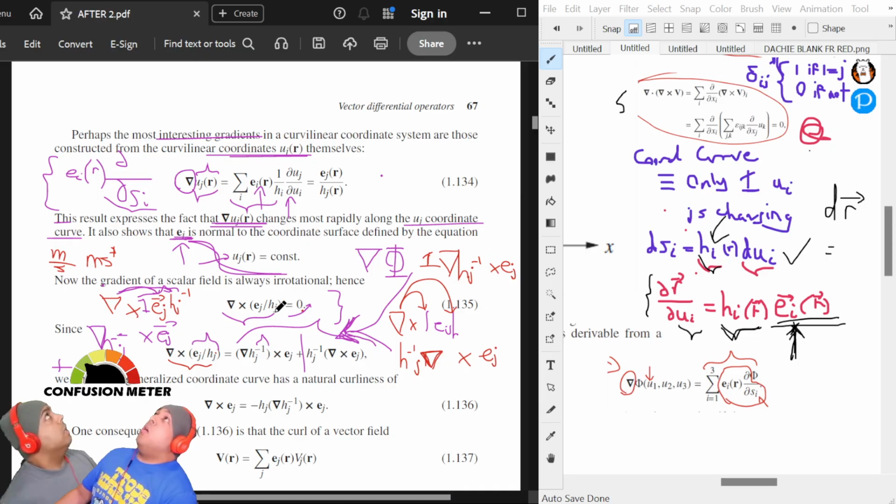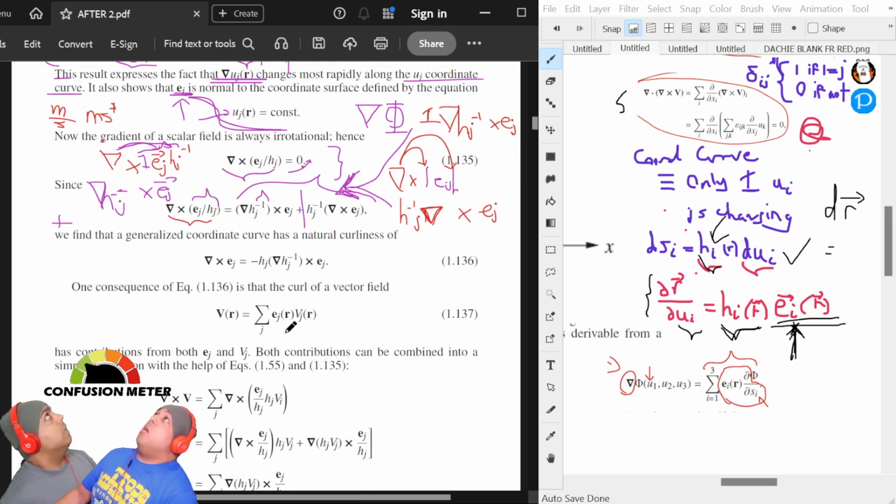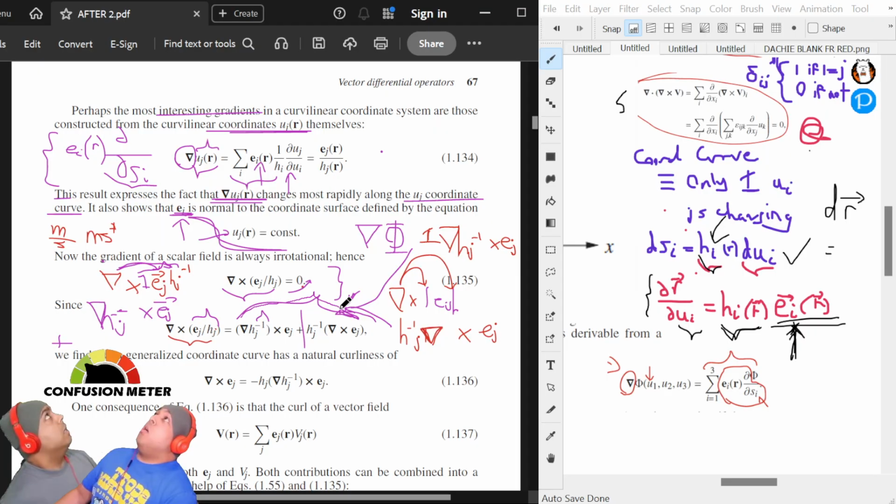What are we doing? We find that a generalized coordinate curve has a natural. Are we not going to address this? This is 0. We find that the coordinate curve has a natural curliness of the curl of EJ equal.